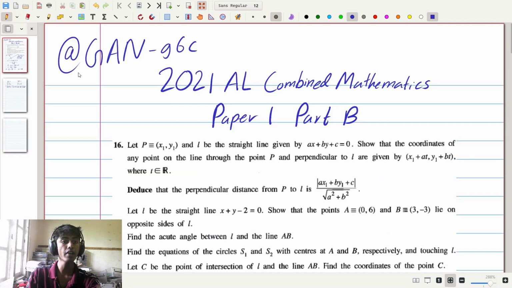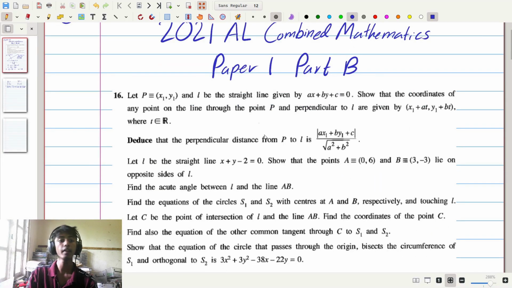So with that, we have concluded the first part of the question and found that any point on that line that is going through P and is perpendicular to L can be given by this form.